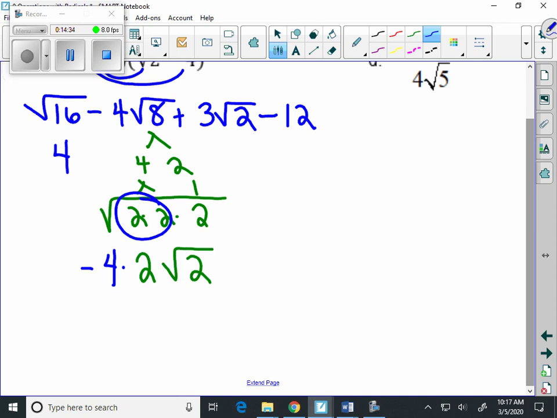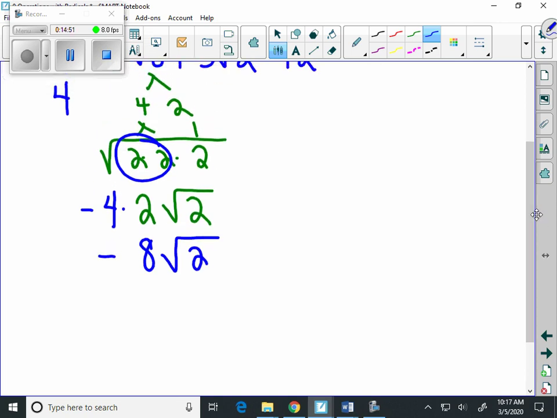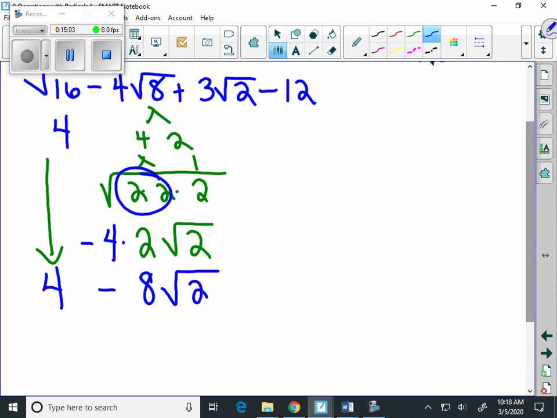Once we simplified the square root of 8 to 2 square root of 2, to finish this term in particular it's going to be minus 8 square root of 2. 4 times 2 is 8. And let's bring down this 4 as well, so that we have 4 minus 8 radical 2 to line it all up. If there's any good news, the next two terms can't be simplified. So now what we still have from our problem is plus 3 square root of 2 minus 12.